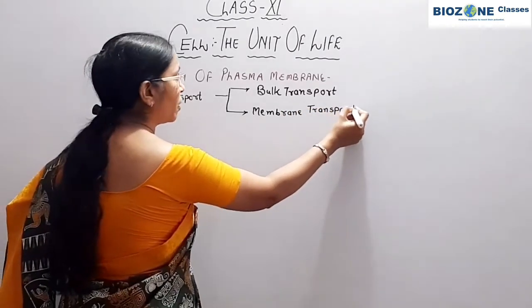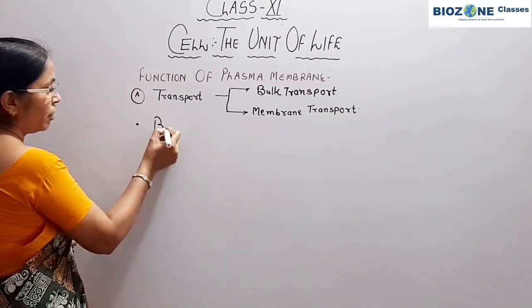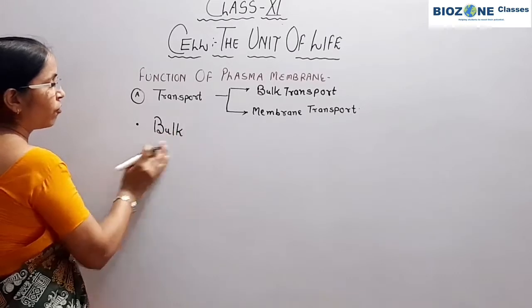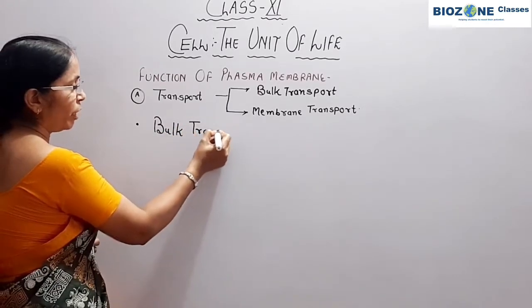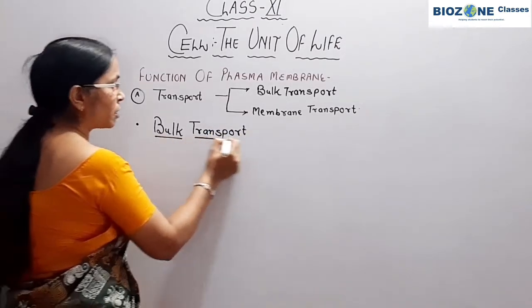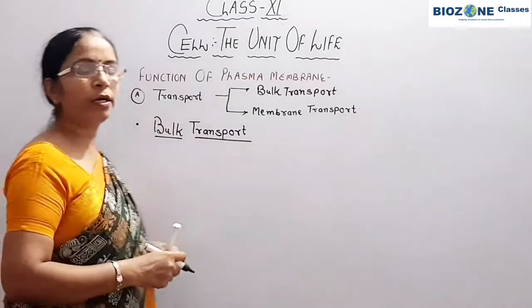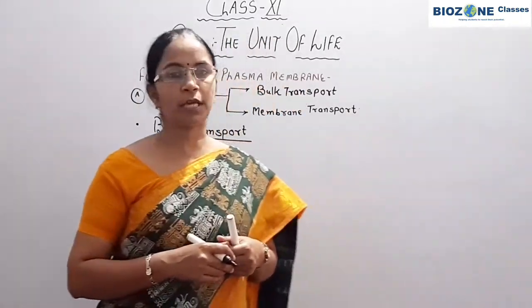Now what is bulk transport? Bulk transport, as the name indicates, is where a huge amount of molecules of food is predominantly transported inside the cell membrane, or undigested food and waste is given off from the cell membrane.